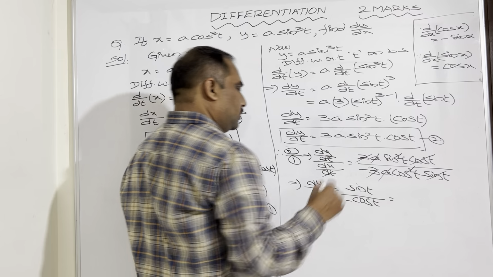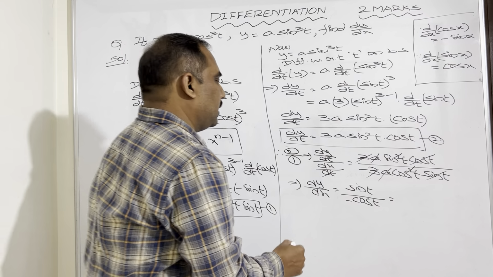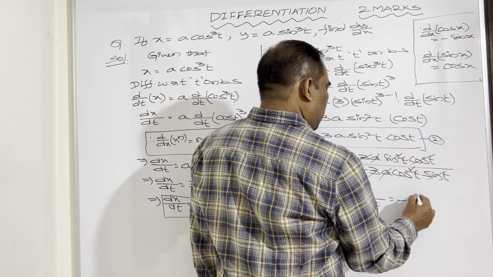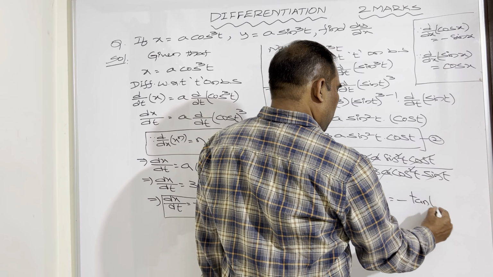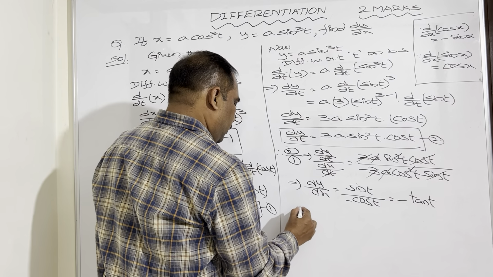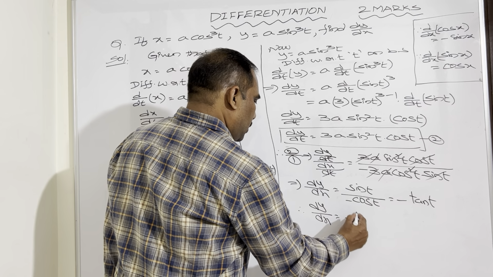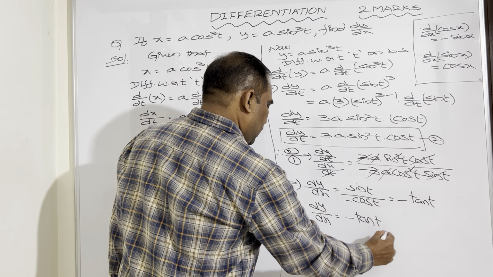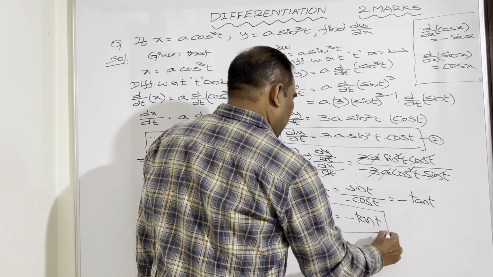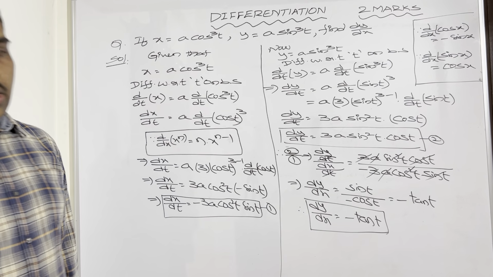Sin t by minus cos t, we know, is minus tan t. So finally dy by dx is equal to minus tan t. So like this we can find dy by dx with the given functions.